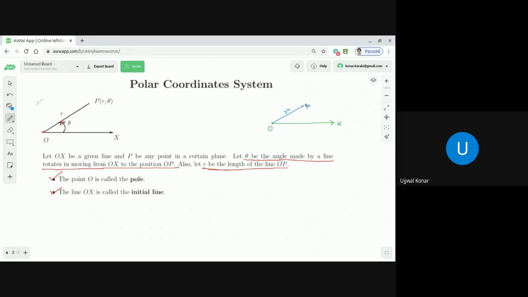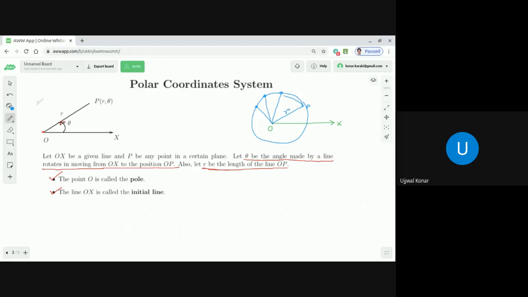Why? We can construct a circle with O as the center and r as the radius. Any point on this circle has the same r, so you are not able to represent the point uniquely. Correct, dear students?